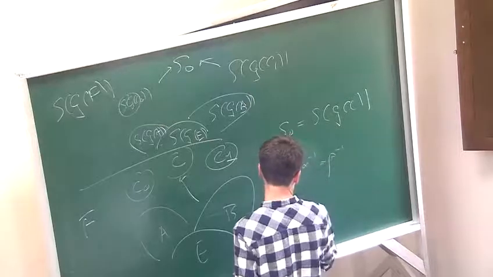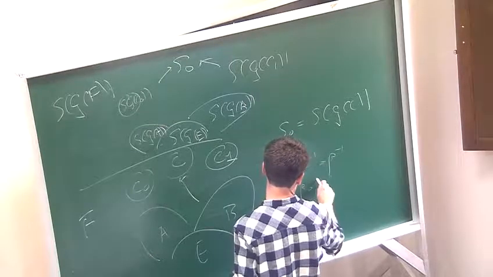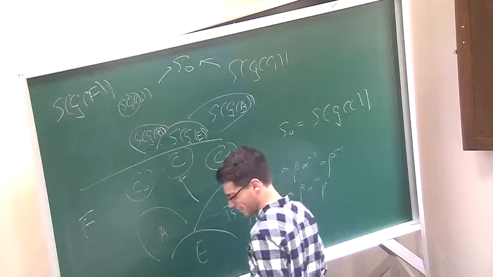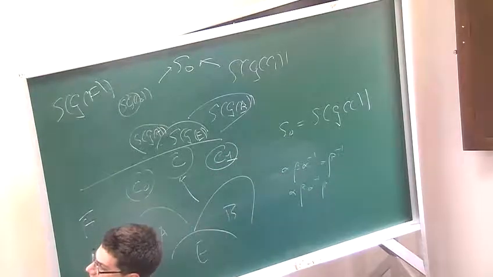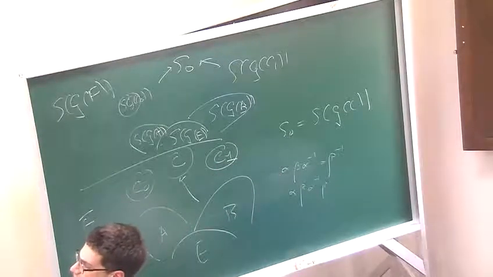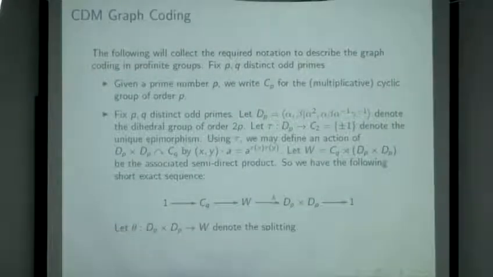Yes, there should be an inverse. There are a lot of things missing here. So you want these relations: alpha squared, alpha inverse beta alpha beta, and beta to the p, and that's it. So a lot of things missing. Anyway, you know what the dihedral group is.